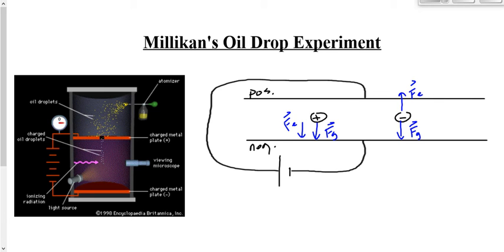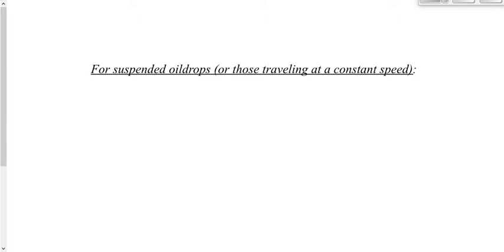What I want to do first is focus on the negative particle when these forces are balanced. In other words, when it's either traveling at a constant velocity or it's suspended. When that's the case, we're going to say Fe equals Fg. The electric force equals the gravitational force.